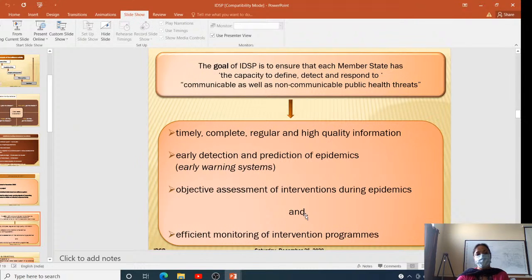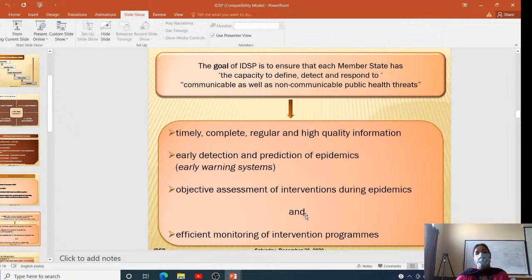First, there should be timely, complete, regular, and high quality information collected at all points of time. Second, from this information, we should be able to detect and predict epidemics early through early warning systems.